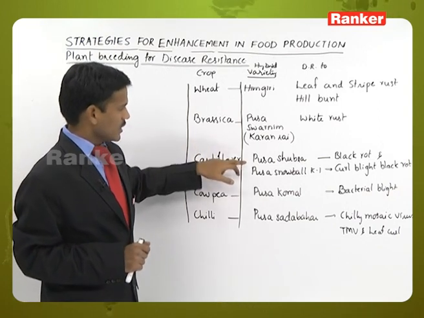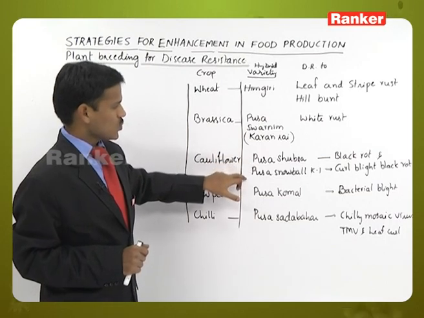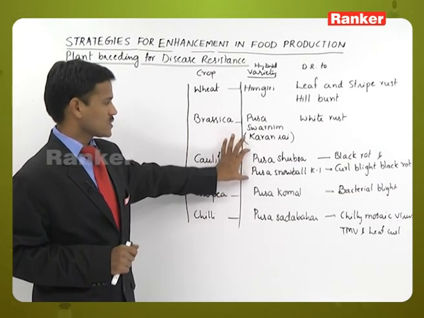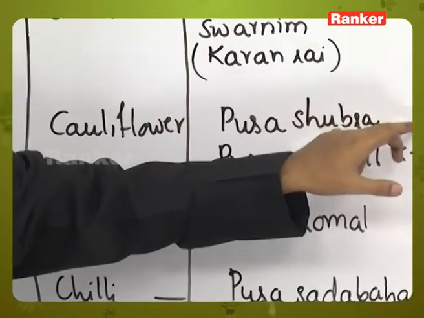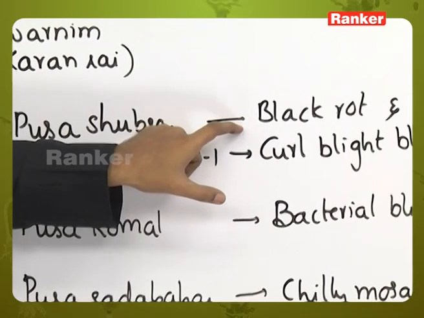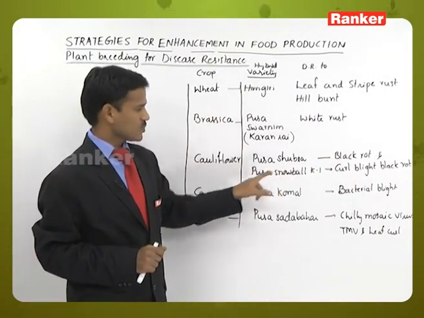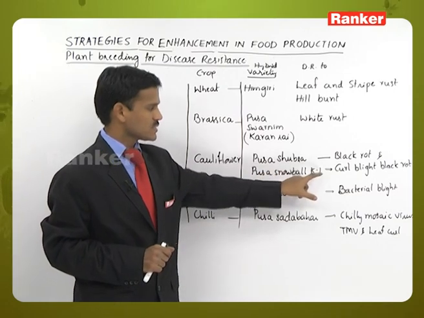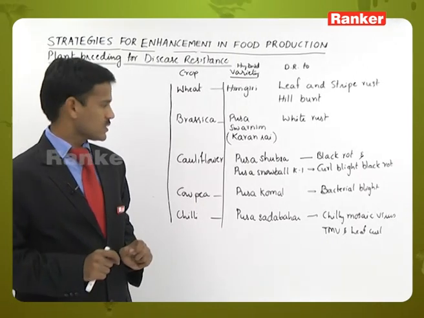Pusa Shubra, Pusa Snowball K1 are the varieties or hybrid varieties. Pusa Shubra shows disease resistance to black rot. Pusa Snowball K1 is resistant to curd blight and black rot.